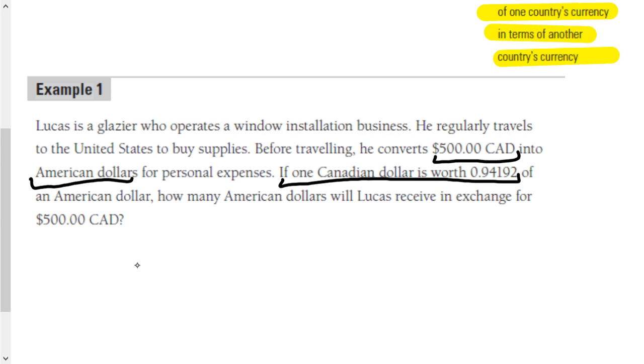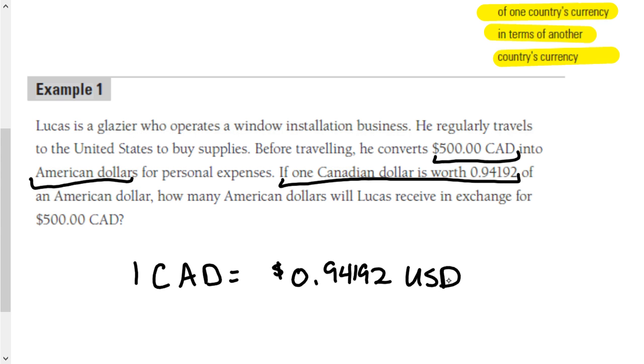So 1 CAD is equal to 0.94192 US dollars. Now, if I want this to change to $500, all I have to do is multiply this by 500 and this by 500.